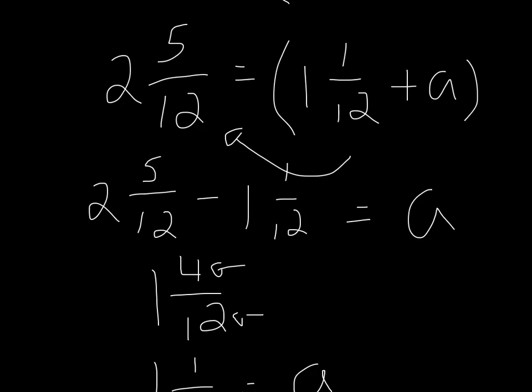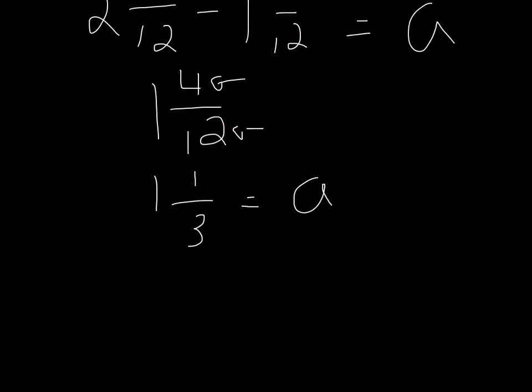And then the 12, because it's the denominator, stays at 12. 4 over 12. We're not done. We can reduce that. Here's 1 4, and in this 12 there are 3 4s. So 1 over 3. 1/3 equals a.